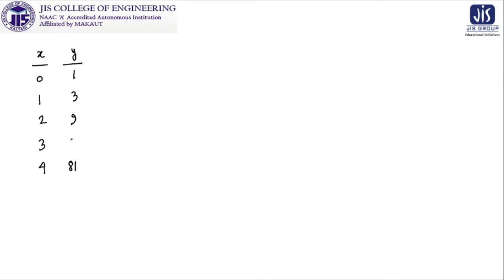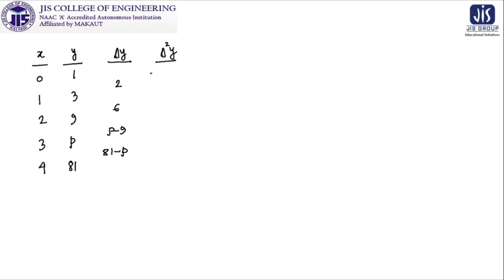So I am assuming that this value which is not known to us, suppose it is p. So when we are taking forward difference operator for first order, what we get: 3 minus 1, that is 2, 9 minus 3, that is 6, then it will be p minus 9, and it will be 81 minus p. We don't know the value of p, that is why we have to use it like this.